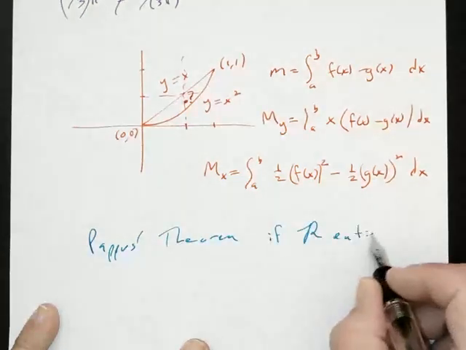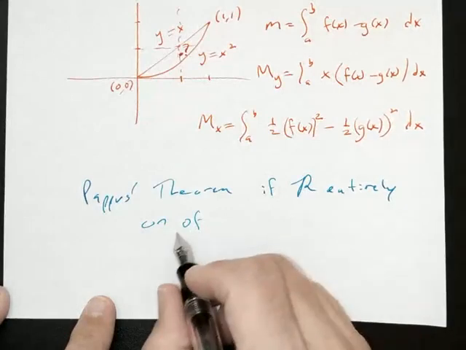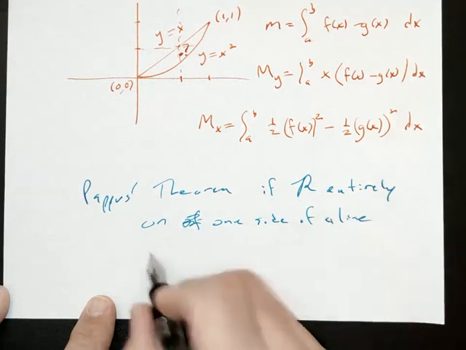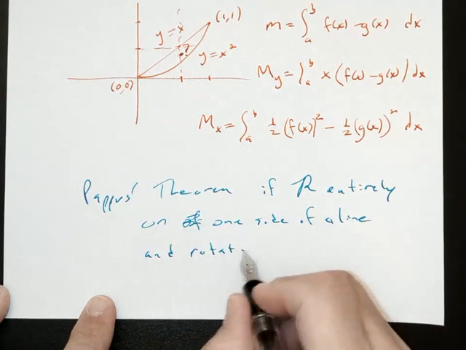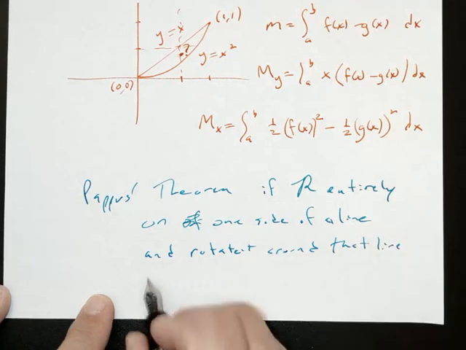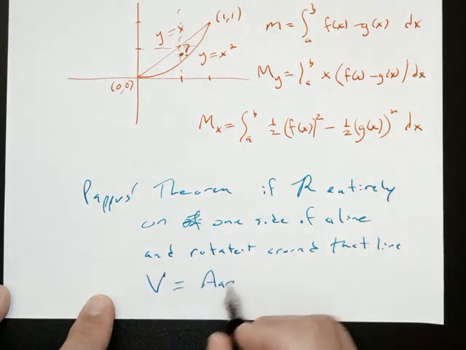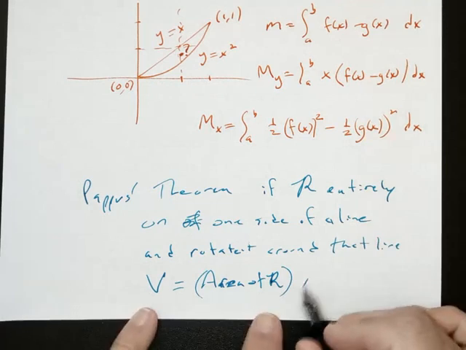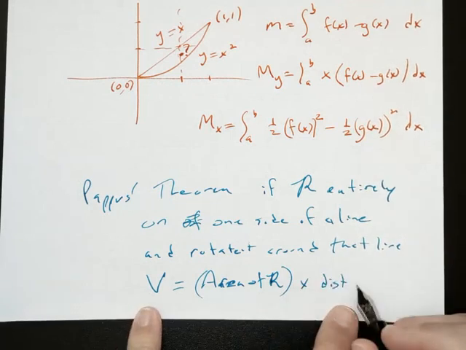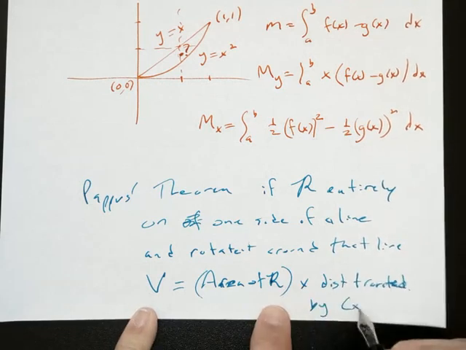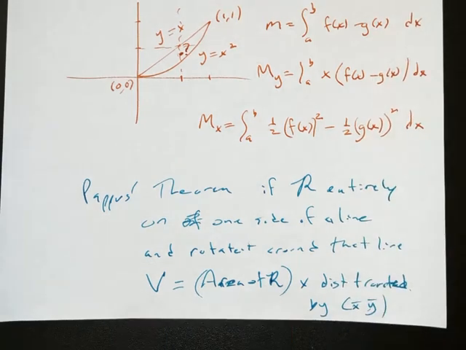If you take a region R entirely on one side of a line, and rotate it around that line, then the volume is equal to the area of R times the distance traveled by the center of mass.